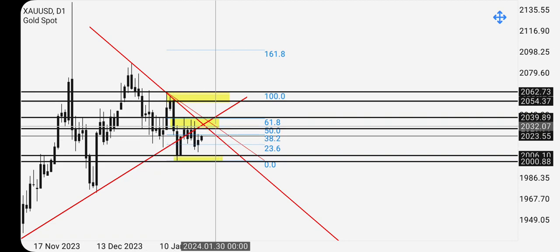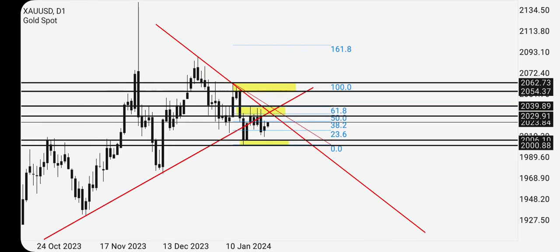Similarly, if it started to reject here, the first take profit will be here at 38.2, the second one 23.6, and the last one here, if you enter three positions in the market, depending on your card size. After that, we're done.